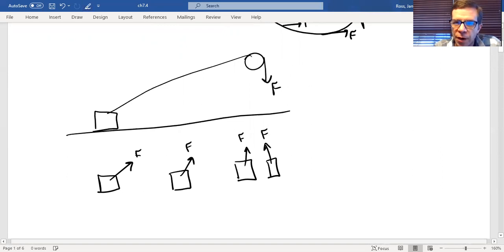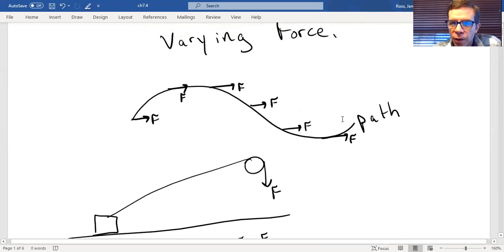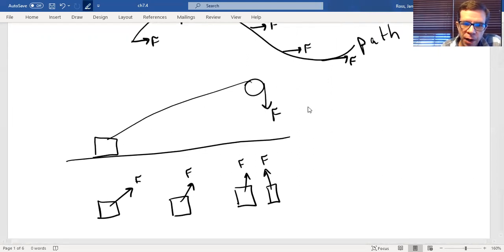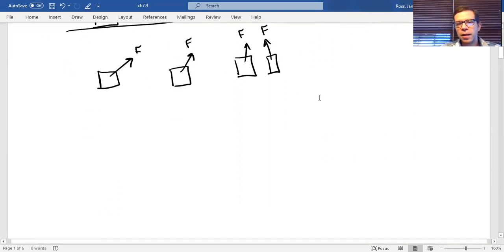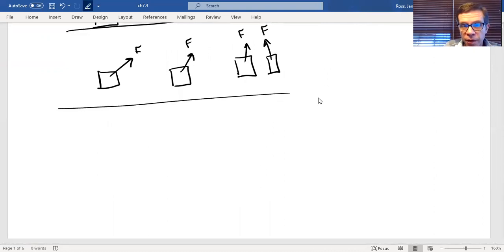So there's a varying force, and here's a varying path. Here we've got a nice straight line path. But if we look at either of these, the thing that's changing, besides the magnitude of the force, which we can vary, is the angle as well, either aspect of the force.